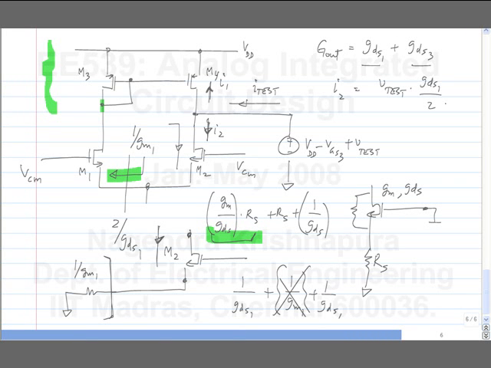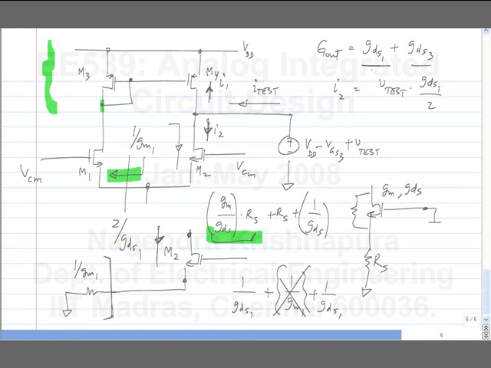So what is the output conductance of the differential pair? So now the answer has changed to GDS1 by 2 plus GDS3.